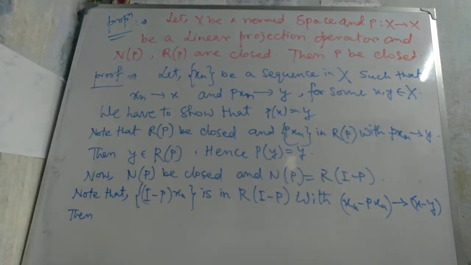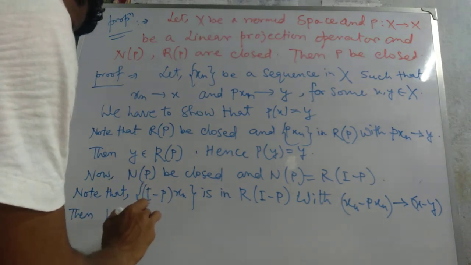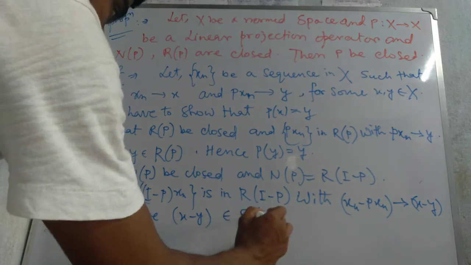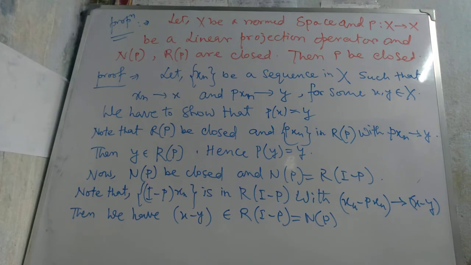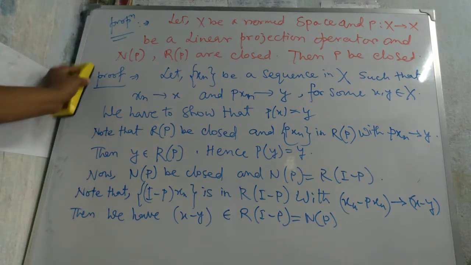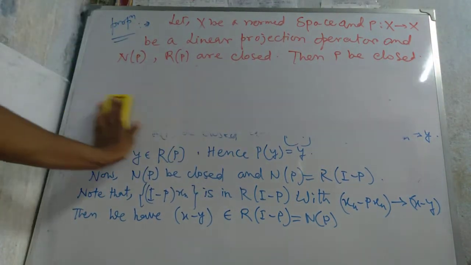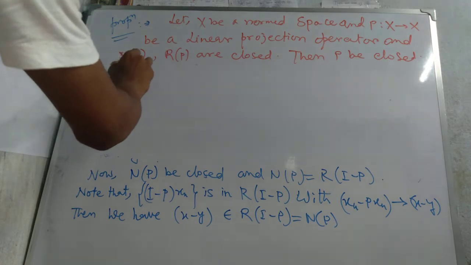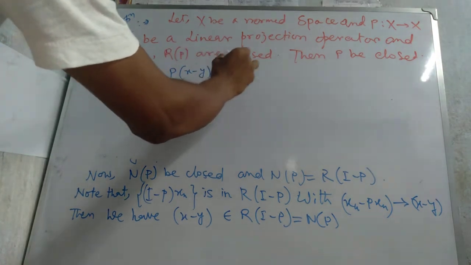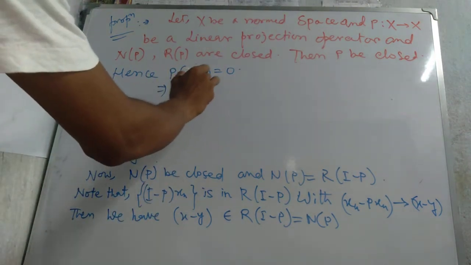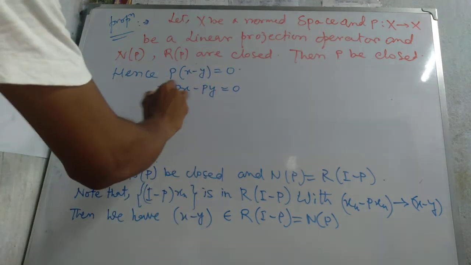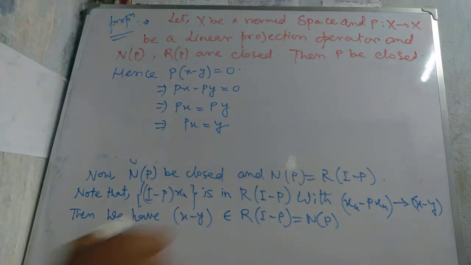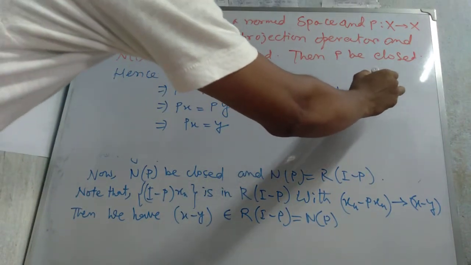Then we have x minus y belongs to R(I minus P), which equals N(P). Hence P of (x minus y) equals 0, and this implies Px minus Py equals 0. This implies Px equals Py, which implies Px equals y. Hence P is closed.